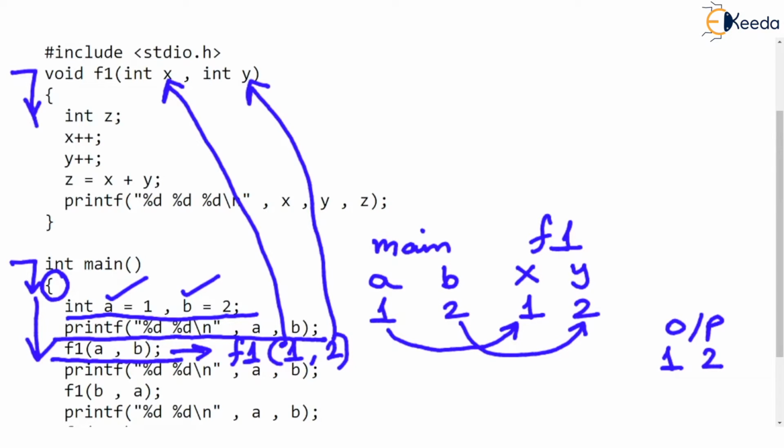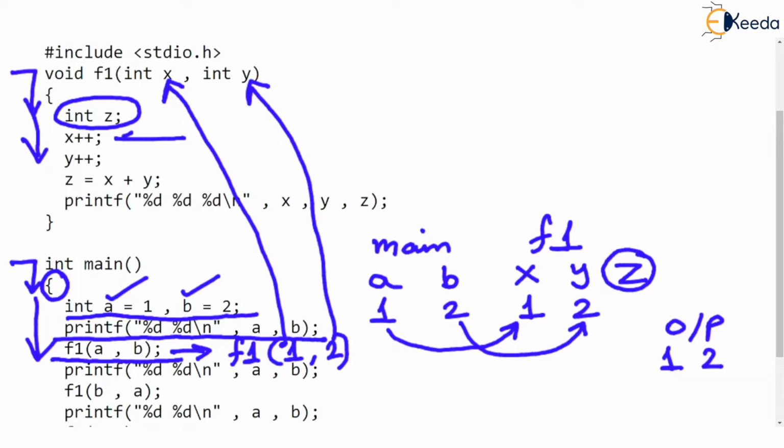Inside the function there is a variable z which is local to this particular scope. I will show under f1 a variable called z, but notice z does not have any meaningful value yet. We have not assigned any value.